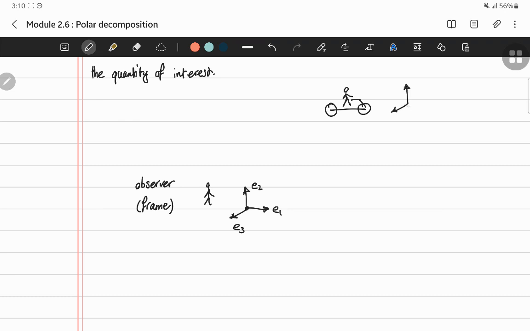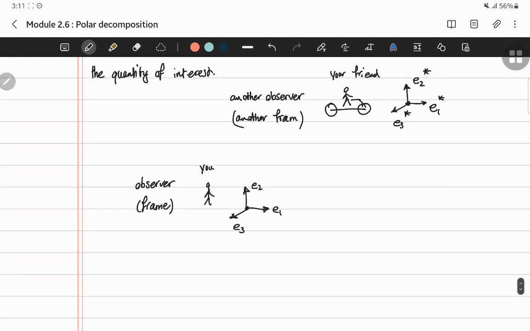He has his own origin and E1, E2, and E3. He is also another observer or frame. And to differentiate this, we put a star here to distinguish between your frame and your friend's frame. This is you, and this is your friend.